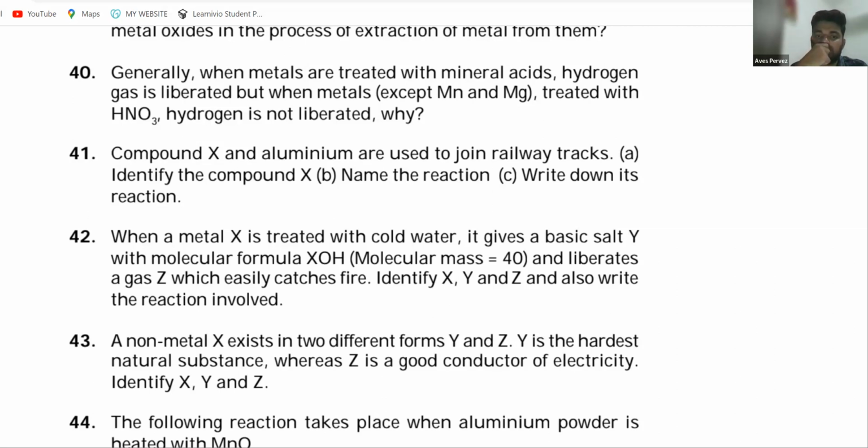Sodium's mass is 23, and here the mass is given as 40. Yes, when we add up sodium hydroxide, we get 40 as the molar mass. Yes, you are correct. So the question is given to you on the screen.